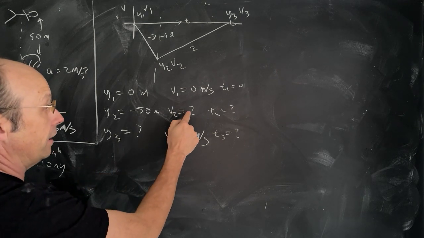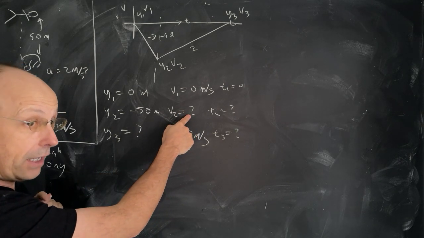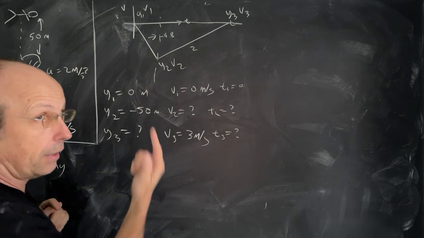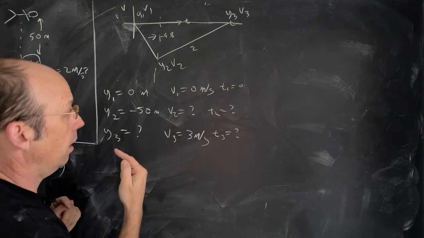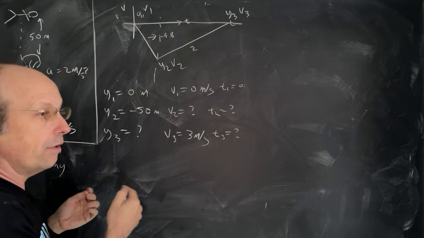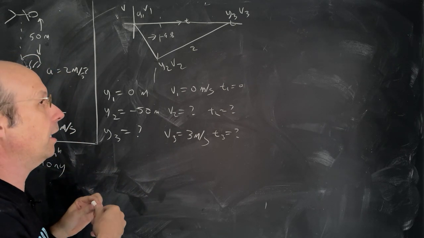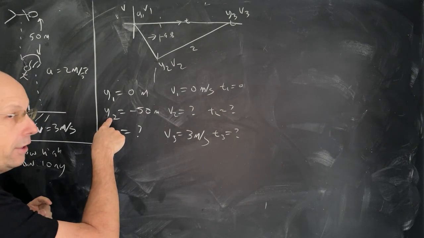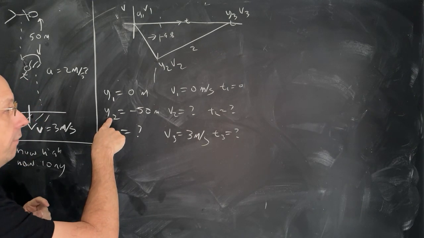And the first thing I want to find is this velocity right there. Because if I can find that velocity, then I can find the time, which may seem weird. You could do this using that one kinematic equation we don't like, but I'm not going to. I'm going to write y2 as a function of time.